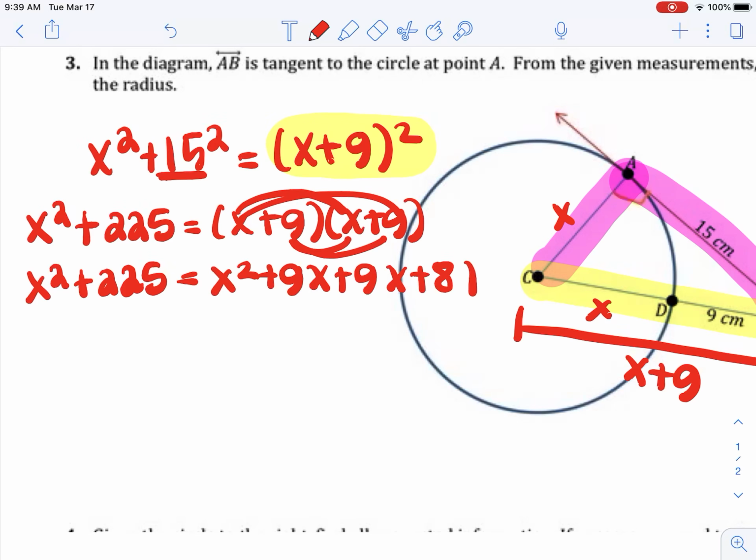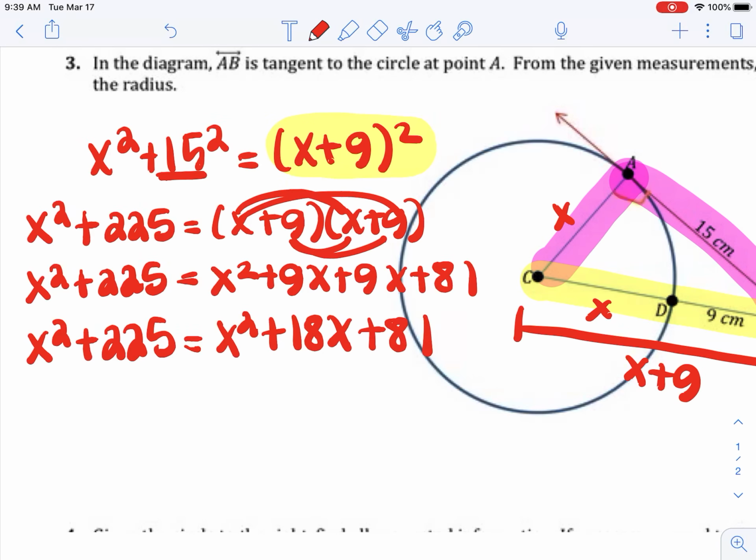All right, now I have to solve for x. So on the right-hand side, I'm going to combine like terms. Left-hand side, like terms are already combined. So I have x squared plus 18x plus 81. Okay, so now I notice that I have x squareds and x's. So remember, this is a quadratic, so I want to get everything on one side of the equation. I'm going to get it on this side of the equation.